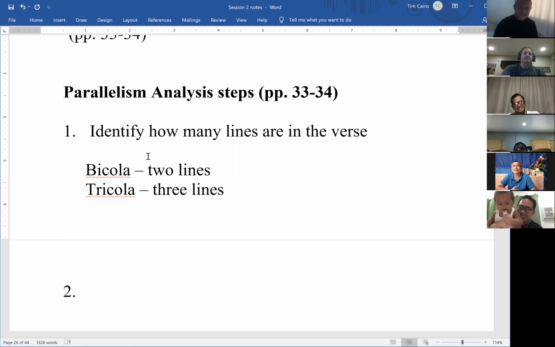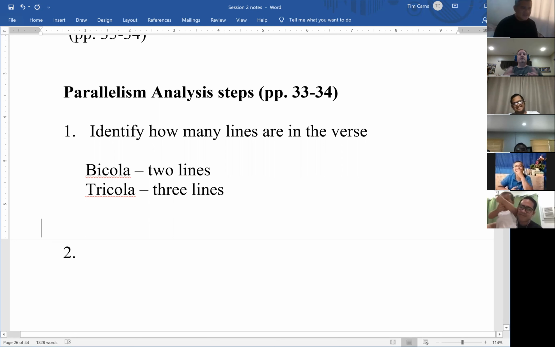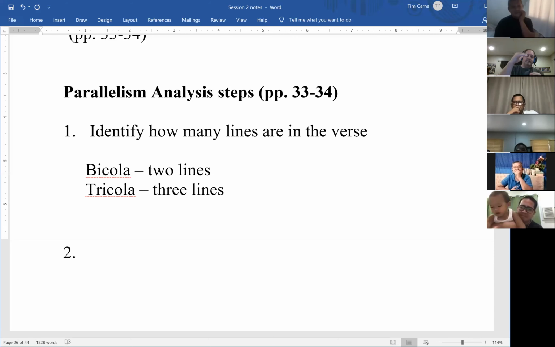So first we want to identify that, because if there's more than two lines, we could have multiple parallelism going on, like line 1 and line 2, or line 2 and line 3. Or sometimes you can have lines 2 and 3 be parallel to line 1 in some way. So it gets a little more complicated when we go beyond two lines in a verse, and we're going to see that in Psalm 99.